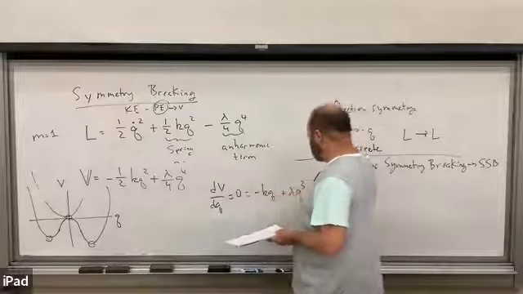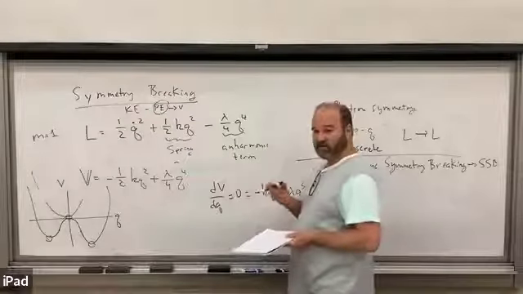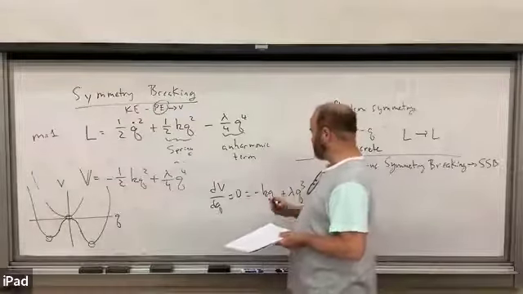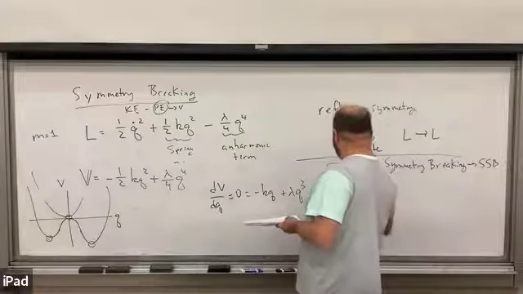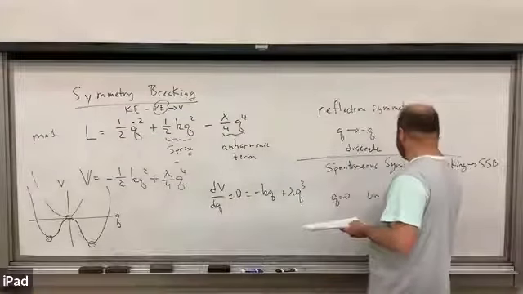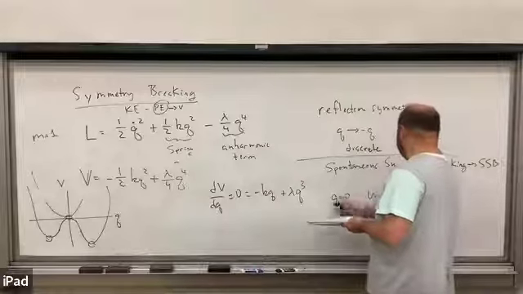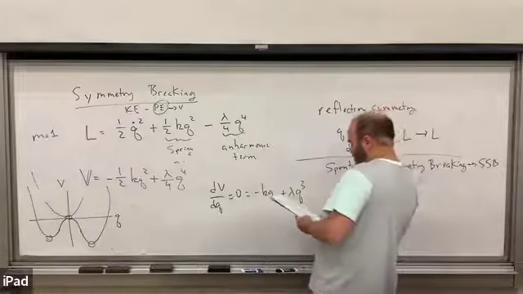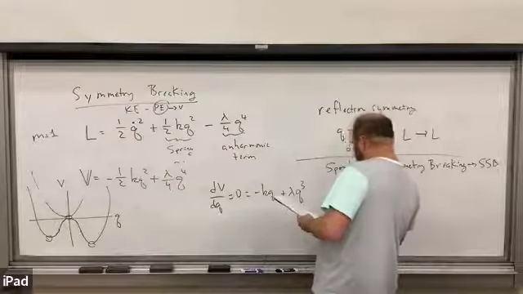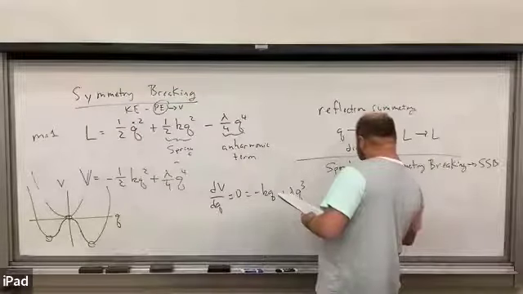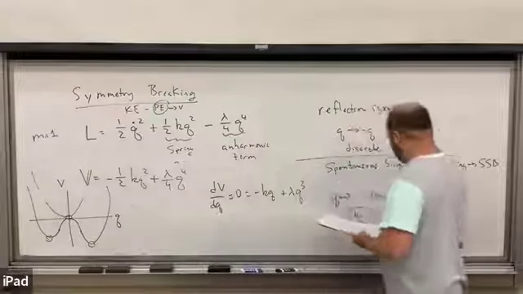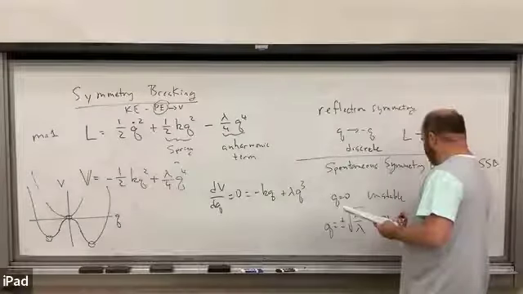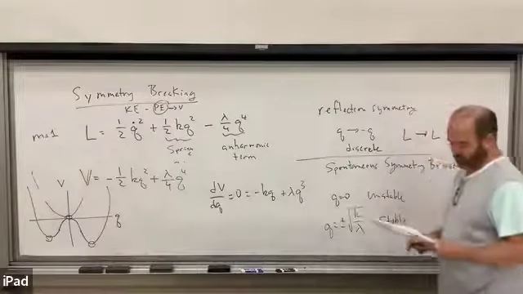Again, you see that there are three places where this goes to 0. There's q equals 0, which is unstable. That's the old ground state. And now you also have q equal to plus or minus the square root of k over lambda. These two are stable.